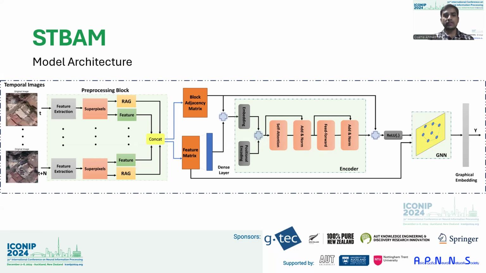I will tell you later what is the significance of these superpixels. We extract RAG and feature matrices from them, and then concatenate these images' features or RAGs at different timestamps to obtain the block adjacency matrix. Then we use the encoder block to get the modified adjacency matrix and graph neural networks to learn spatio-temporal dependency from these modified adjacency and feature matrices.